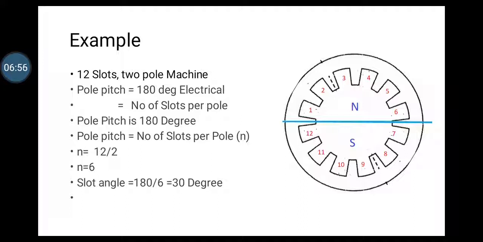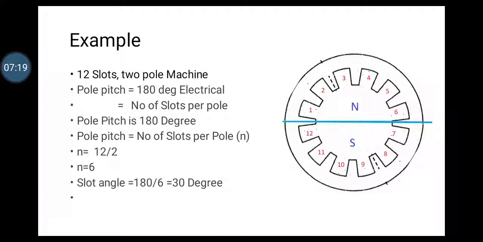In case instead of conductors it is turns, we know that a turn consists of 2 conductors. So if it is 120 conductors, the turns will be 60.